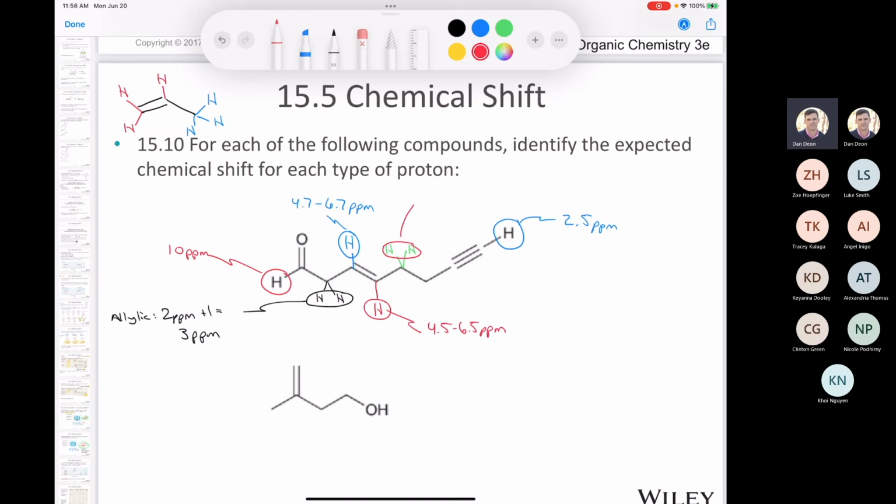So I'm just going to write an arrow here and put around 2 parts per million. Then we have these two protons here. This is just a methylene. It's not alpha or beta to anything. And so we said the baseline for a methylene was around 1.2 parts per million-ish. So somewhere in that neighborhood. So let's just write here around.